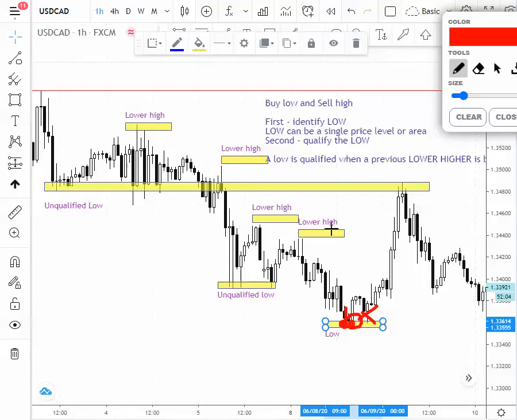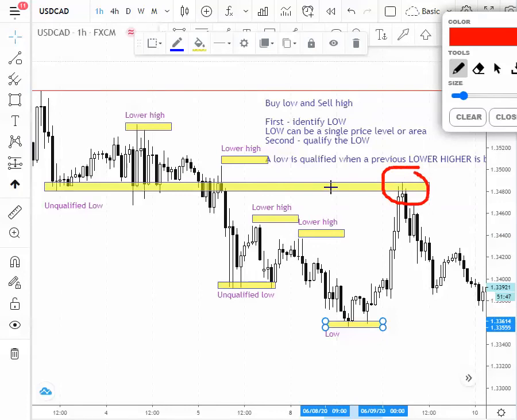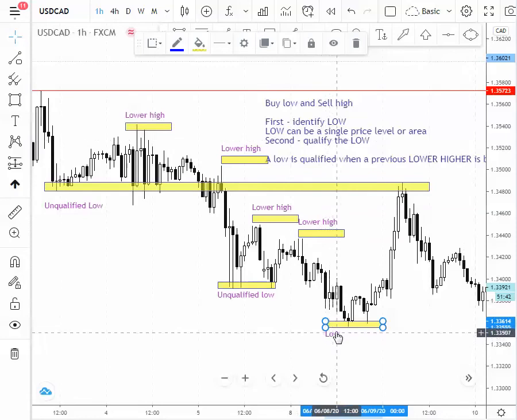The only way this is going to get qualified is if this lower high, or the most recent lower high, gets taken out. And in this case here, we could see that price comes into this level and takes out two lower highs.